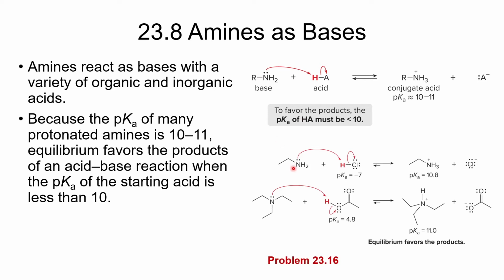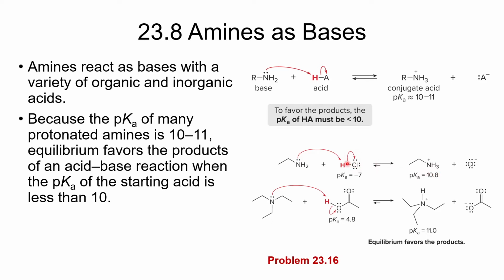Here are a couple of examples. Ethylamine, when we protonate it with HCl, a strong acid with a pKa of -7, gives us the ethyl ammonium ion. The ethyl ammonium ion has a pKa close to 11, 10.8, but we'll just say close to 11.